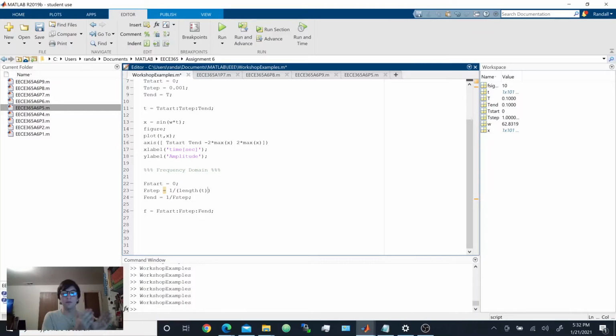The length function gives us how many data points we have, like 101 data points, which isn't correct. We're only going from 0 to 0.1. So what we need to do is multiply by the time step. That should work. If it doesn't, then we'll see.